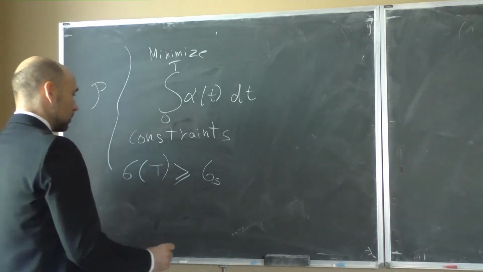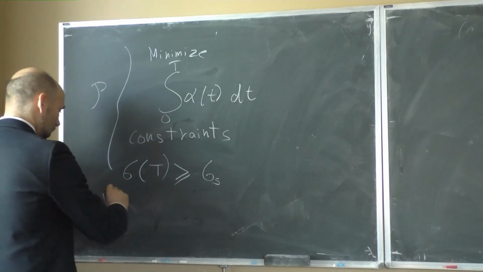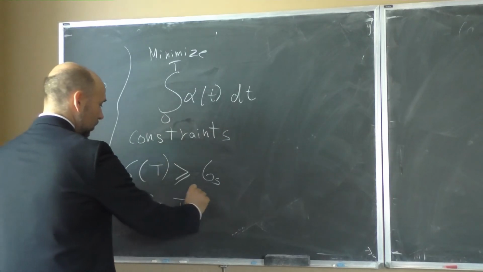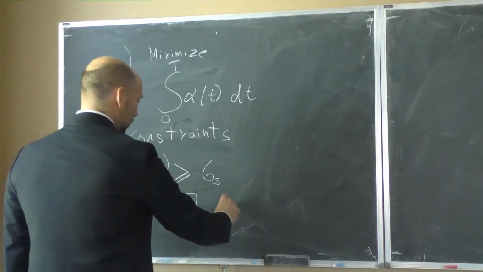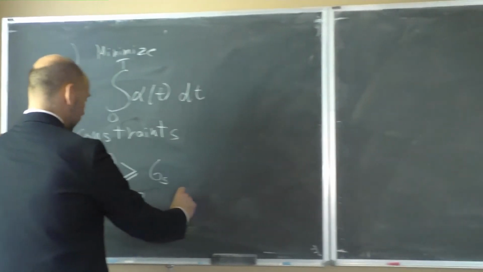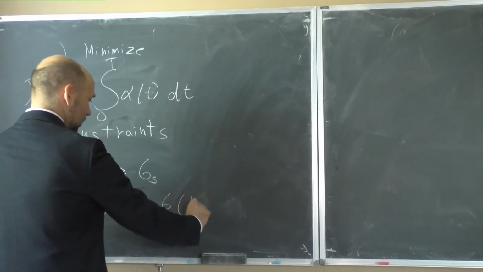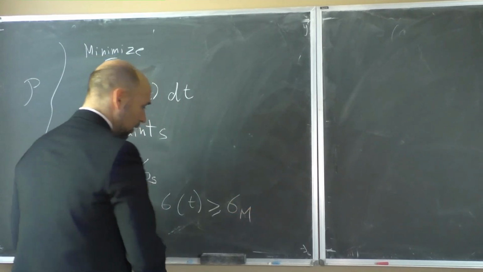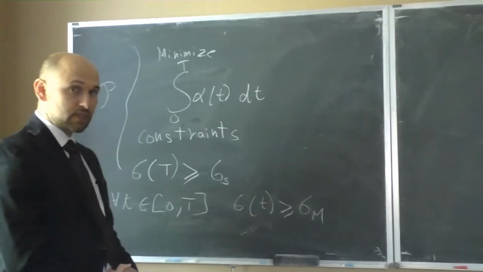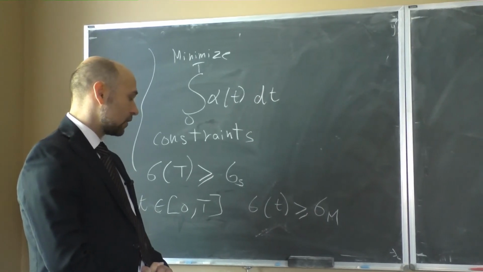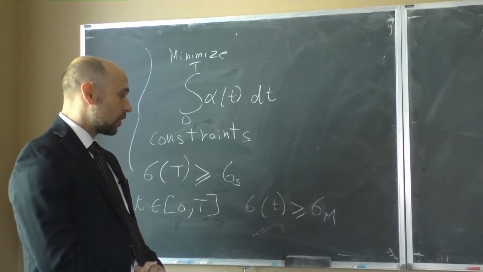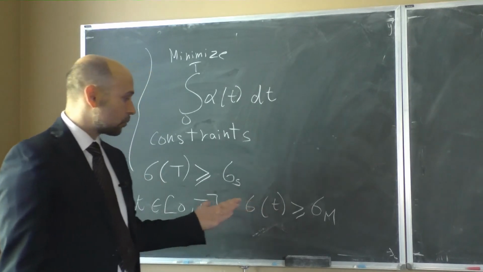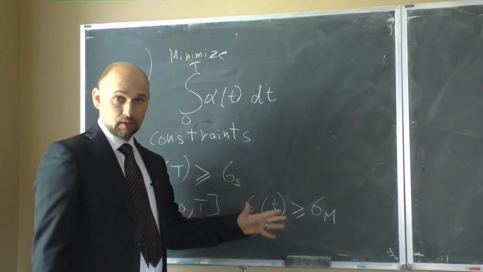And also I impose that for all t in the interval, sigma t is greater than sigma capital M. So this stands for the fact that for all time I don't want to lose control, I don't want to be in a state that is not acceptable.